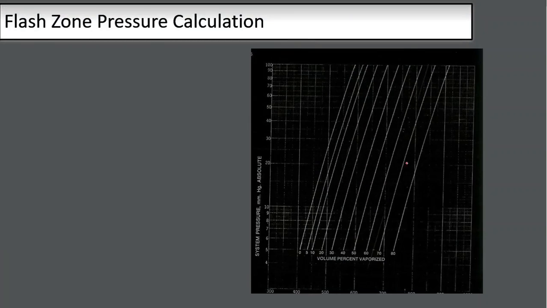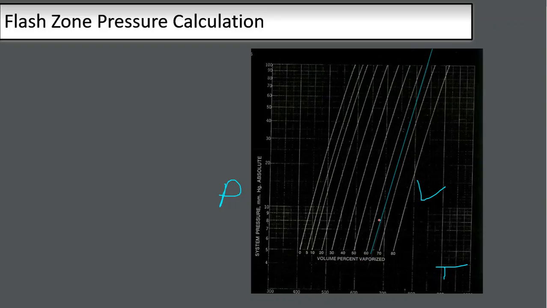With the help of these two values, we can use this EFV curve. This is the x-axis, which is the temperature value, and this is the y-axis, which is the pressure value, and we have the volume percent vaporization lines. The volume percent is 65.